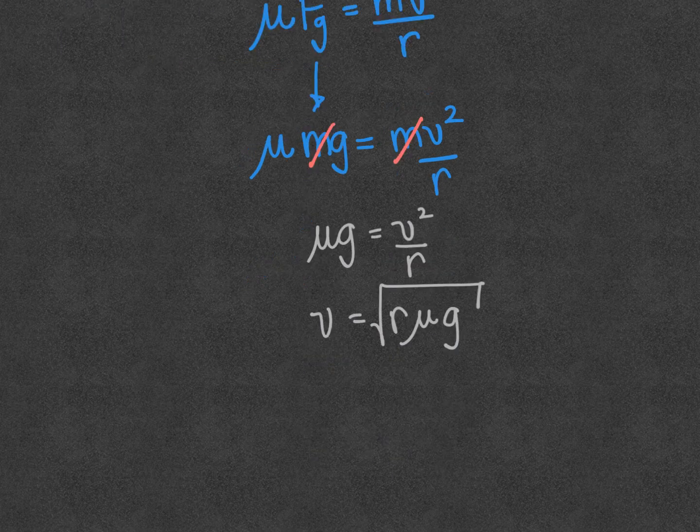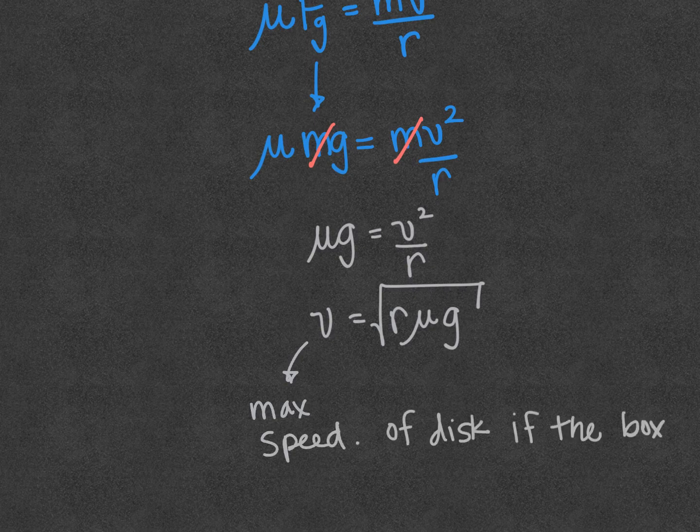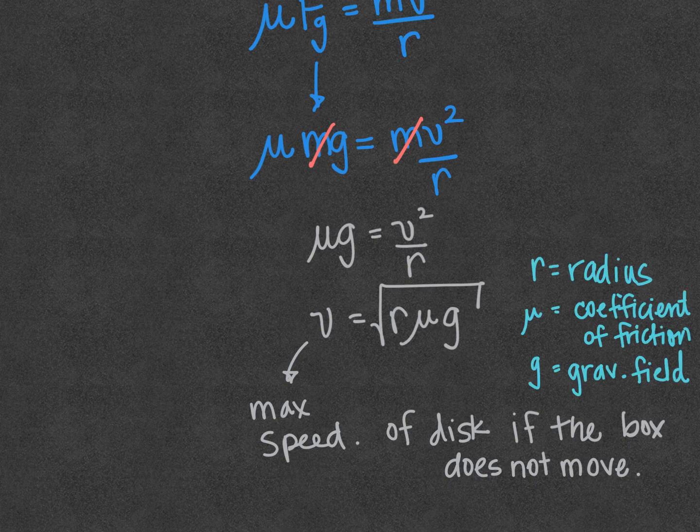Now what this gives me is the maximum speed of the rotating disc such that the box does not move. Sometimes I jokingly call this root rug. So it's the square root of r mu g. So r is the radius, mu is the coefficient of friction, and g is the gravitational field.